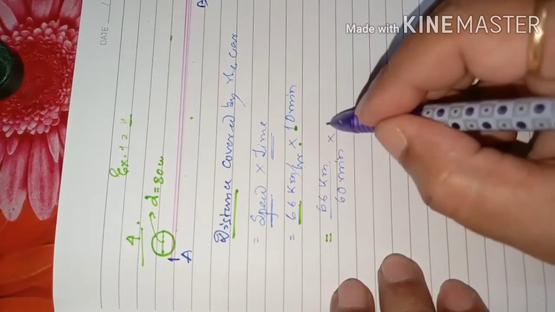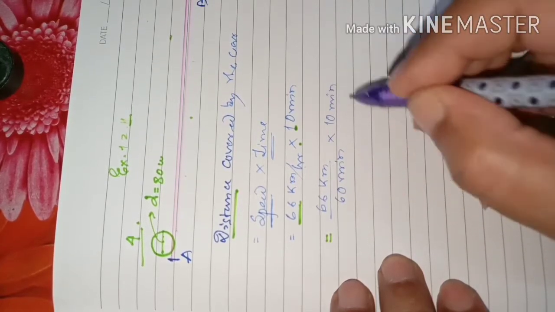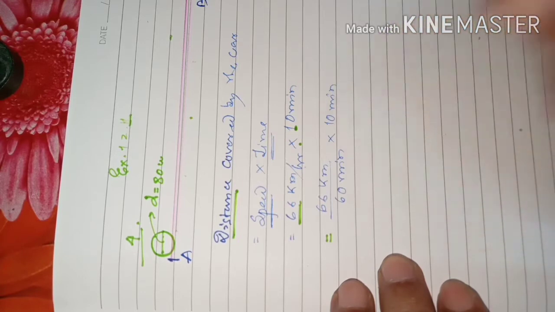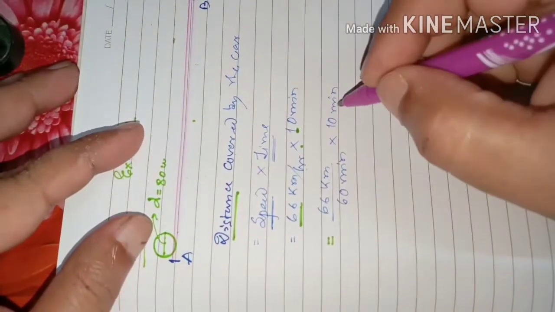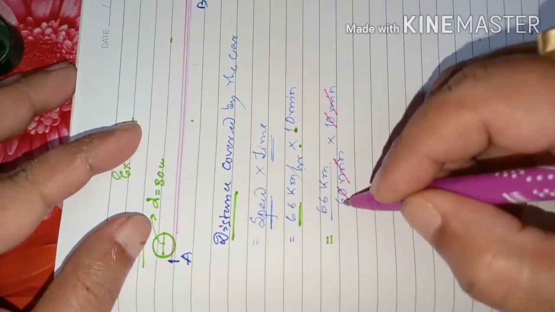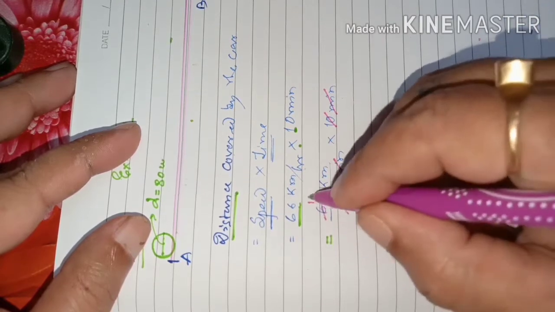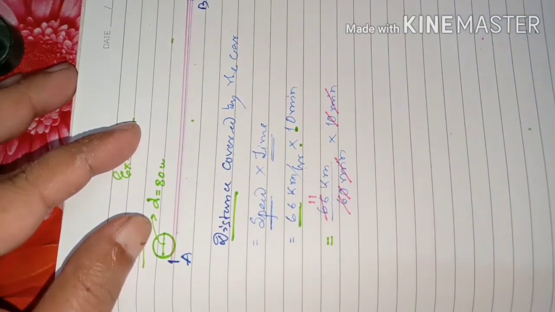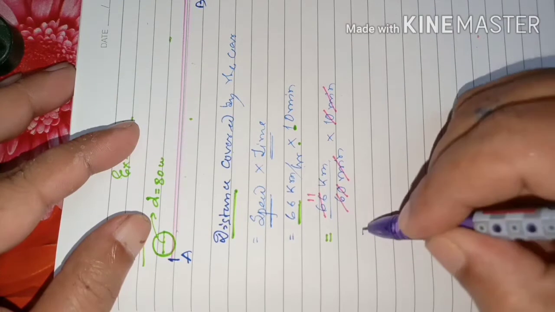So the minute cancelled with this minute, 0 cancelled with this 0, 6 cancelled, 66 by 6 is 11. So the result is 11 km. It will cover 11 km.